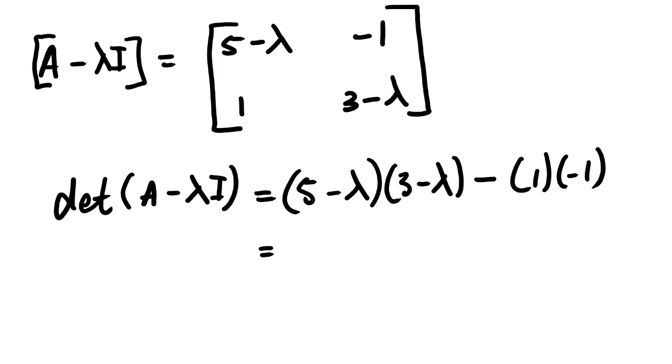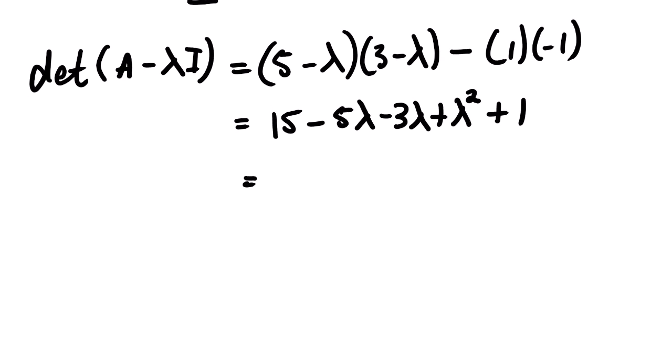So it's 5 multiplied by 3, we have 15. 5 multiplied by negative lambda, it's -5 lambda. Negative lambda multiplied by 3, it's -3 lambda. Negative lambda multiplied by negative lambda is positive lambda squared. And then we have -1 multiplied by 1, which is -1, multiplied by -1, it's +1.